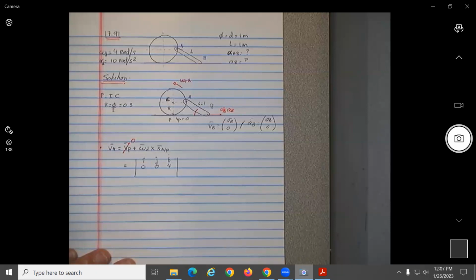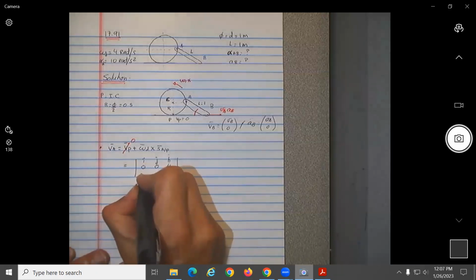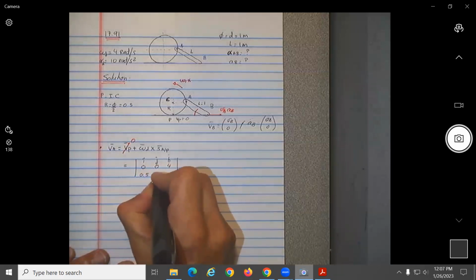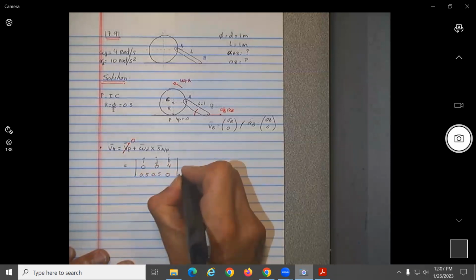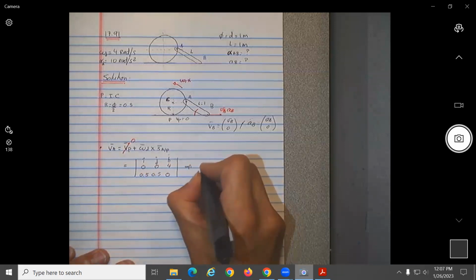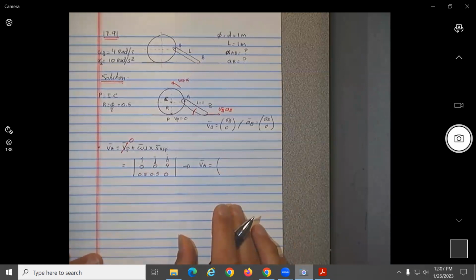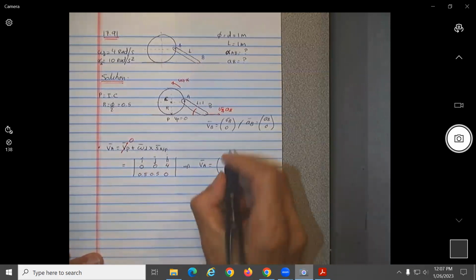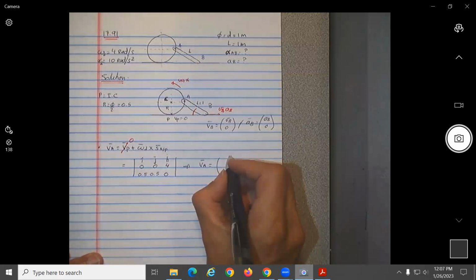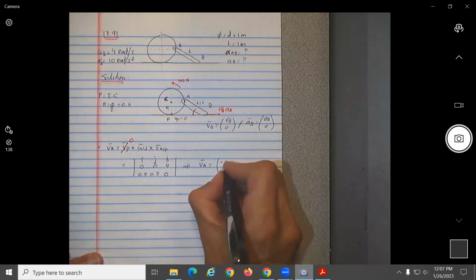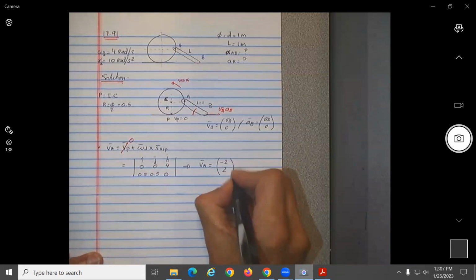What is the position of A with respect to P? 0.5, 0.5, 0. Perfect. So easy math. What will be VA? Negative 2, 2. Perfect.